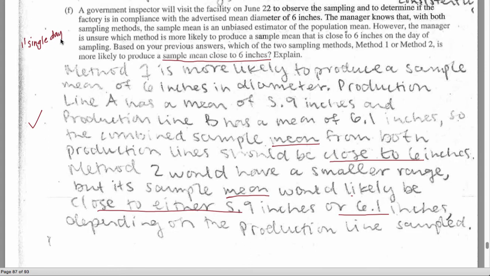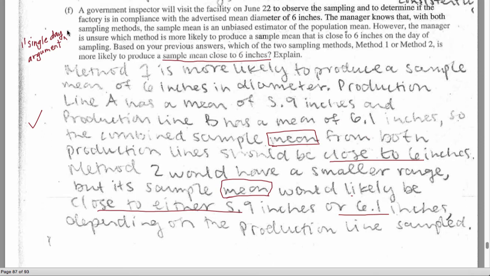They were arguing not from a sampling distribution, but from the point that if you picked a single day and you had one shot at this, the one mean that you get the one day is going to be more likely to be closer to 6 with method 1 than method 2. And so when you're talking about a single mean, we had to think of this as a single day argument, and they had to say something similar to what the student actually did, and they did a fairly nice job.